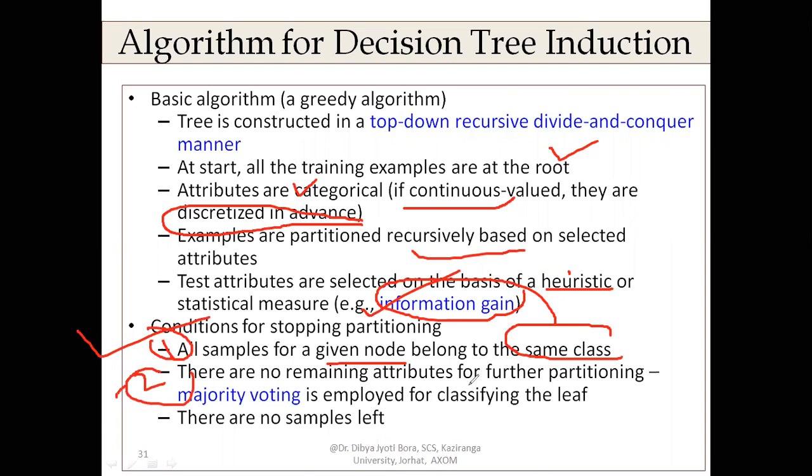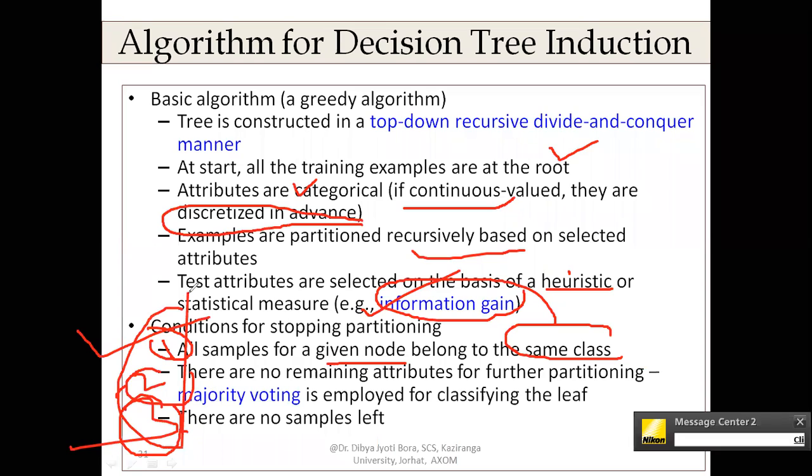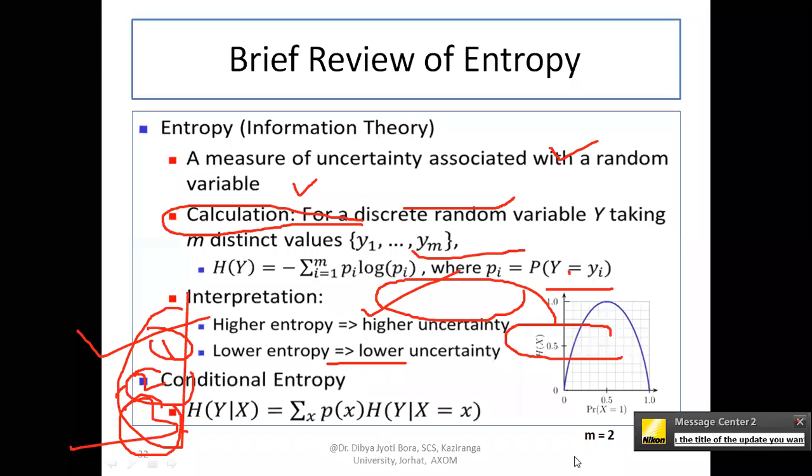So majority voting is employed for classifying the leaf. Then the third one, of course this is very clear: if there is no sample then we don't need to apply the algorithm. So these are the three conditions: first, they belong to the same class; second, no remaining attributes; third, no samples left. These are the three conditions for the stopping criterion, right? Let me clear this.